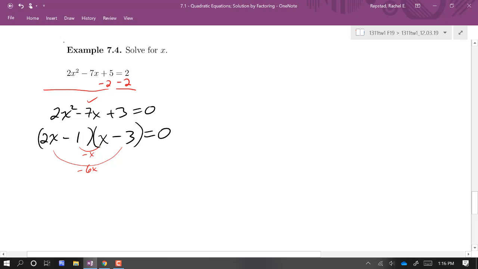So if it factors this way, now we have a product set equal to 0, what are we allowed to say? 2x minus 1 is equal to 0, and x minus 3 is equal to 0. And now these are both linear equations, so solving them is no big deal.